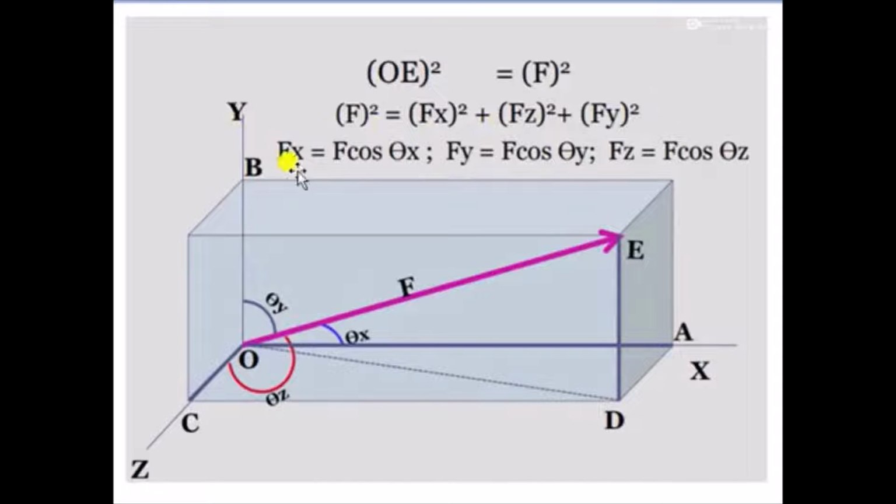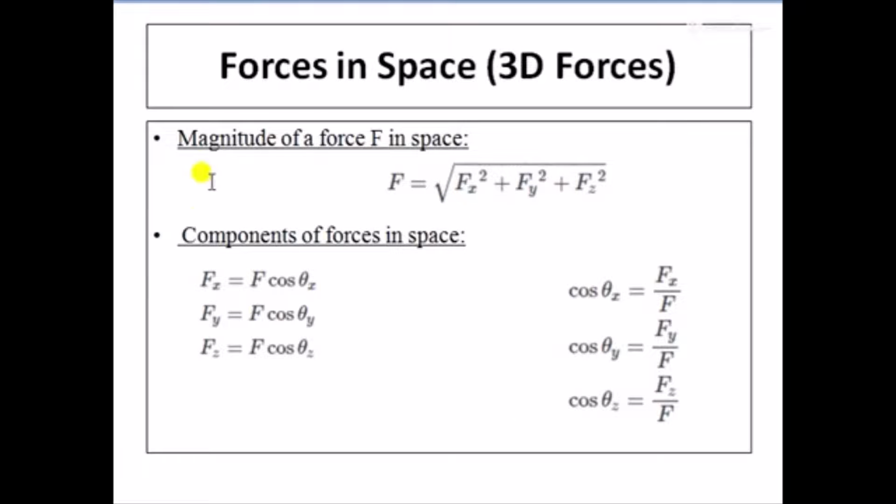We had obtained an expression in the previous part of the video where we had claimed that OE square is equal to Fx square plus Fz square plus Fy square, which we have all together put in one frame so that you can understand the expression better. So this is the ultimate magnitude of the force we can get. If this is a vector force F, the magnitude of that force is given by under root of Fx square plus Fy square plus Fz square.